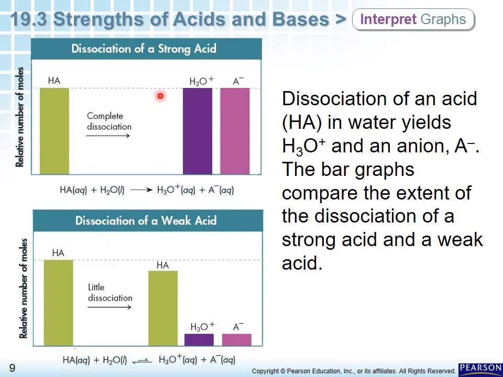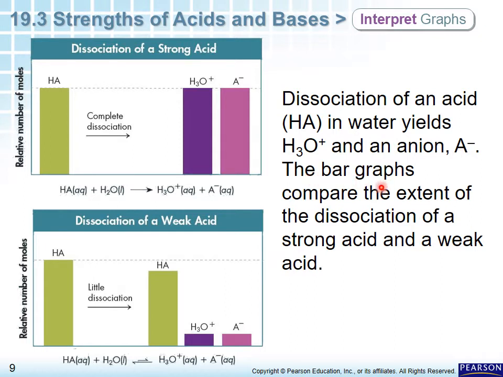Now you can see here the dissociation of the strong acid. This is HA, where H represents the acid hydrogen and A means anion. The dissociation of acid HA in water yields hydronium ion, because H gives to H2O and becomes H3O positive, which is the hydronium ion, and the anion A negative.